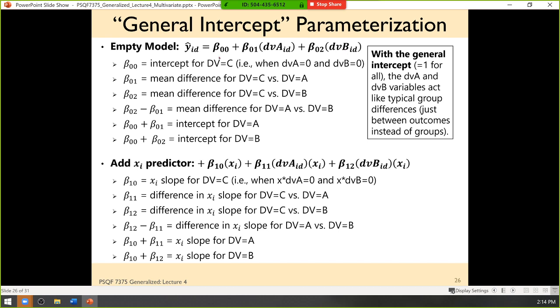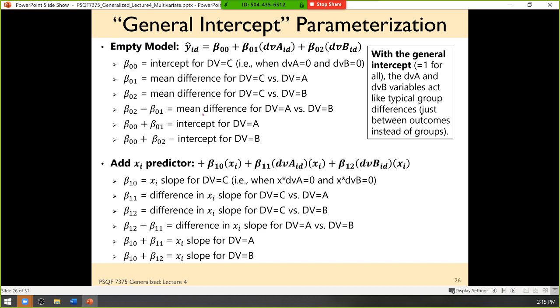What that means is that the reference DV is DVC. So beta 0 takes on the interpretation of the intercept for DVC. Beta 1 is then the intercept difference of A versus C, where C is the reference. Beta 2 is the intercept difference for B relative to C.